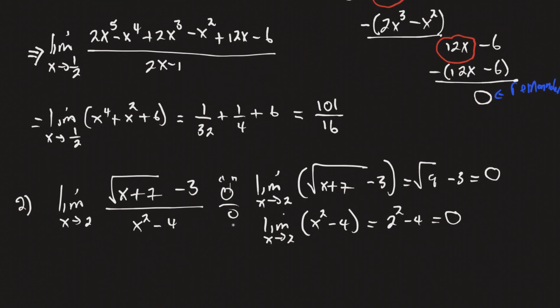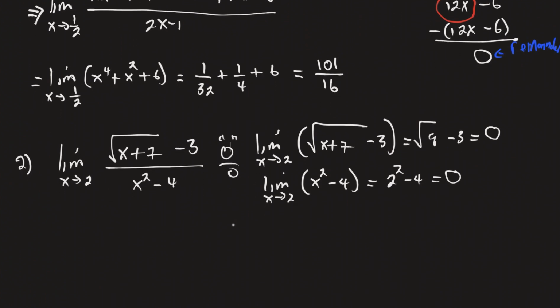And so what do we do here? Now the root throws kind of a wrench in the whole process. Why do I say that? Well, roots are difficult to work with in some cases. They don't factor easily. You can't really expand them easily. But there is a trick from algebra that involves something called rationalizing.